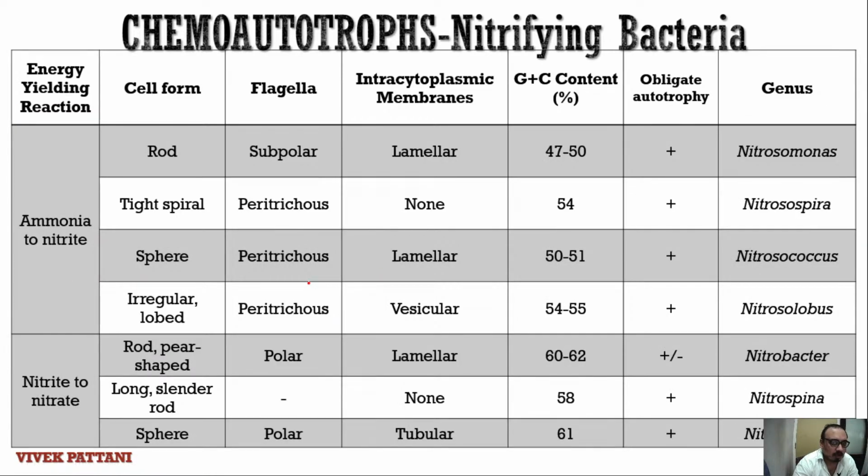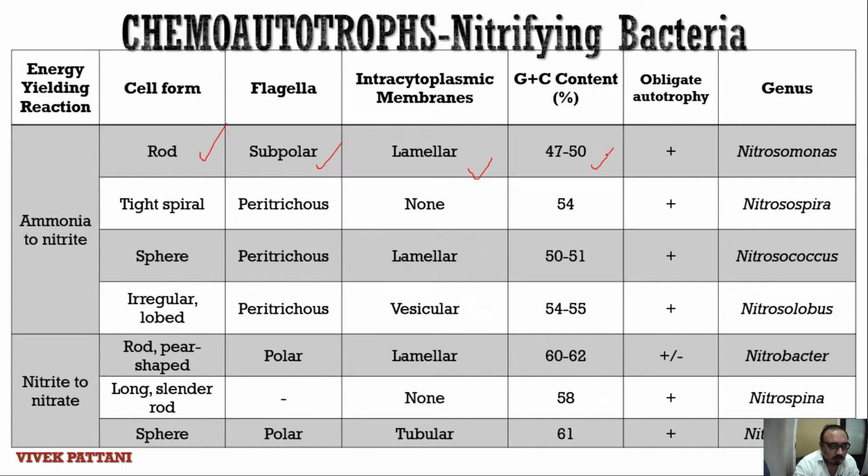Now the obligate autotrophy, regarding the types of bacteria and their speciality. First one is Nitrosomonas. They are rod shaped, flagella subpolar, and intracytoplasmic membranes are basically lamellar.